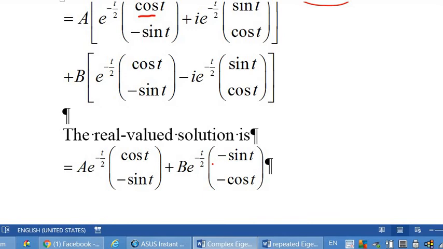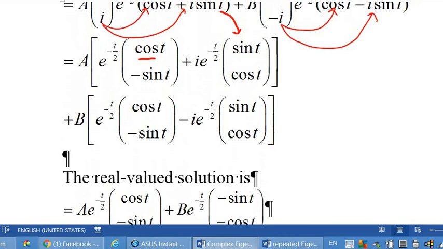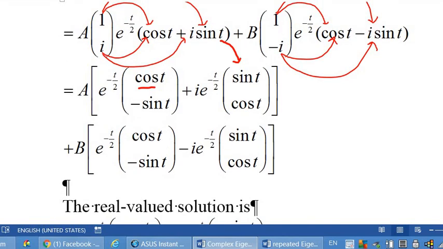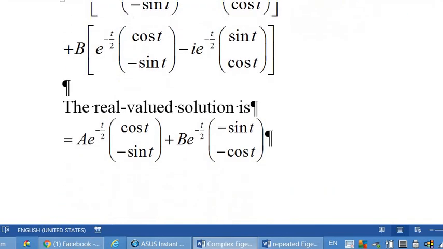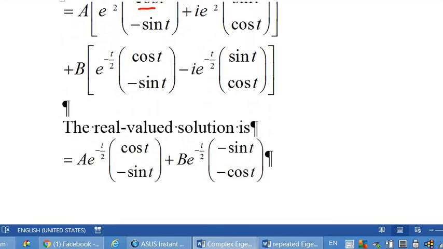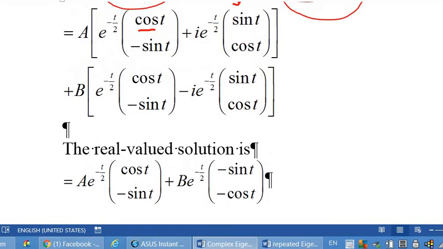This should be cos t. This one is a cos t. This is a negative sin t.